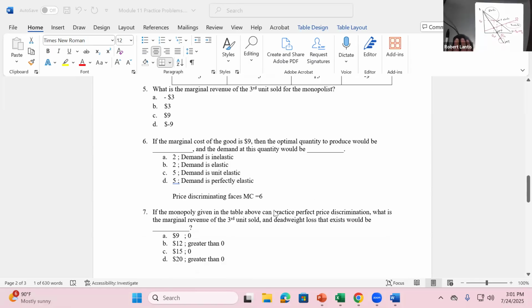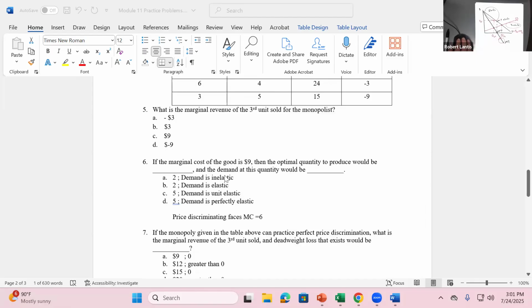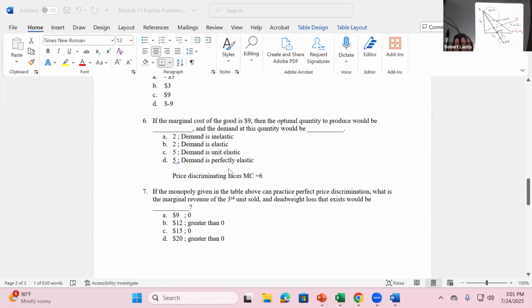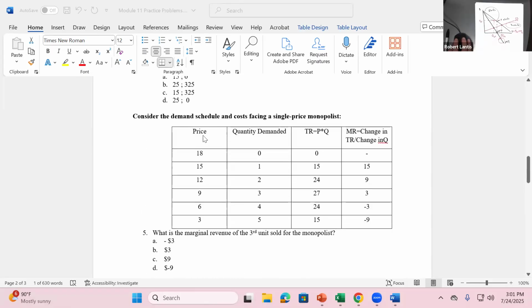And then just to carry out this little setup of problems, go back. I didn't ask you about if it was elastic or inelastic. The actual problem 7 was, if I do perfectly price discriminate, what is the marginal revenue? Well, we said marginal revenue, if I'm price discriminating, is simply the price associated with those different quantities, or the point I'd be at in the demand curve.